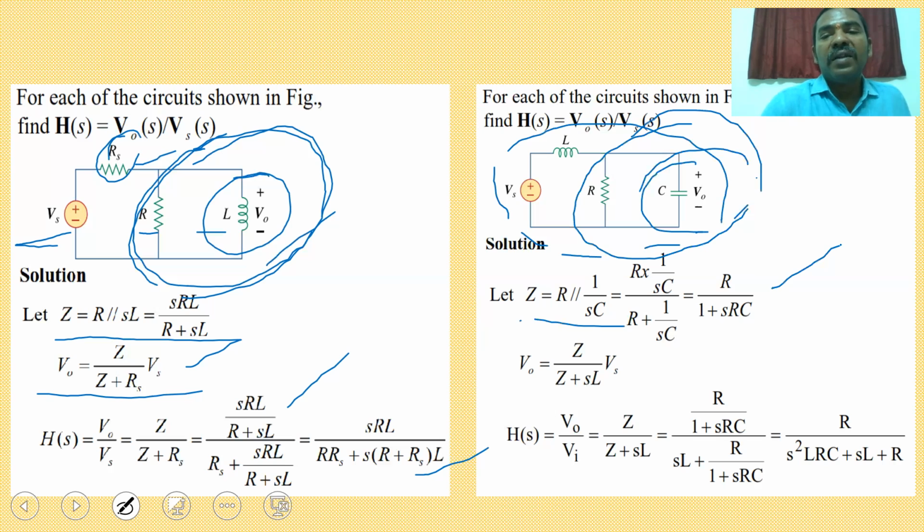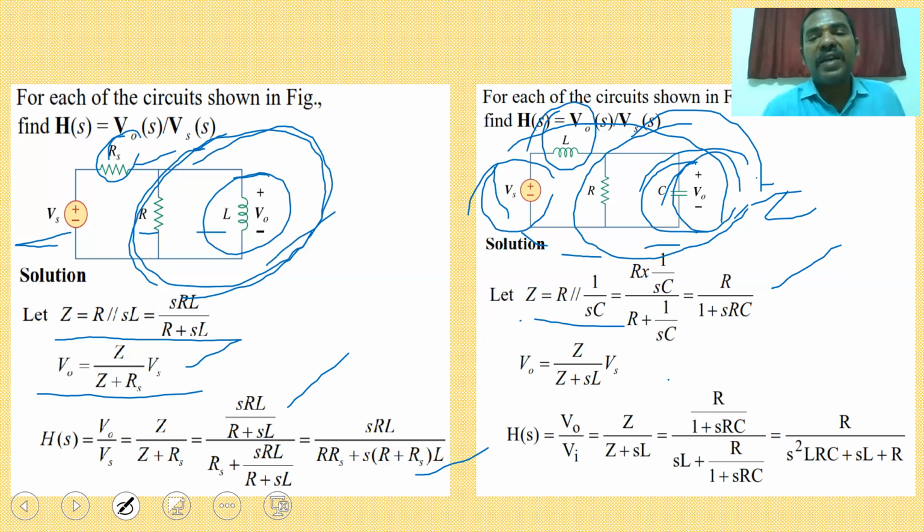Now this impedance is connected in series with Ls, and the applied voltage is Vs. The voltage drop across the impedance is Vo only. So by voltage division, Vo is equal to Z divided by Z plus sL into Vs. So H(s) is equal to Vo by Vs, which is Z by Z plus sL.